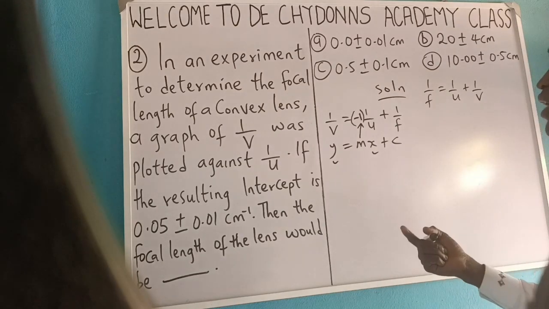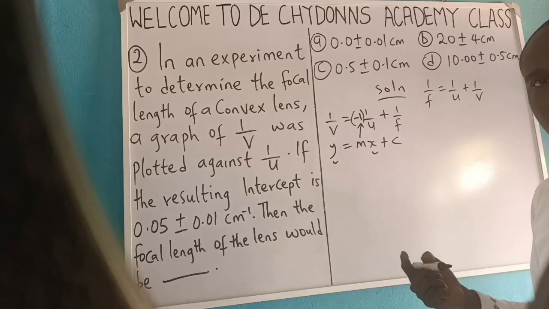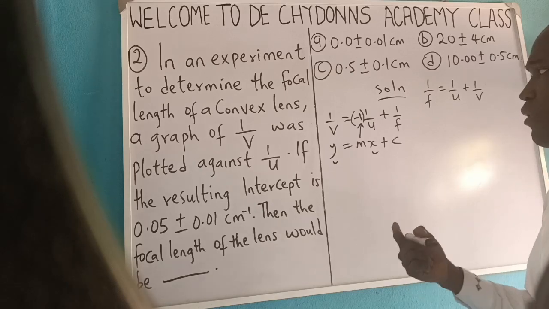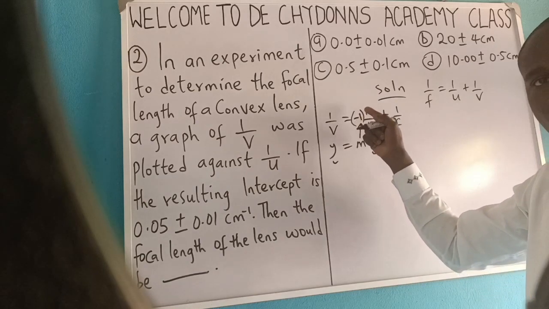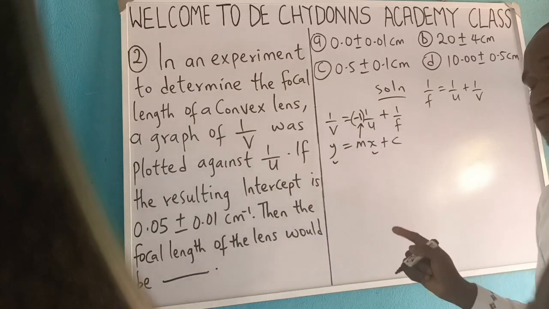But if the person is a genius and performs perfectly well, the slope will be minus 1. That is what is telling you here.